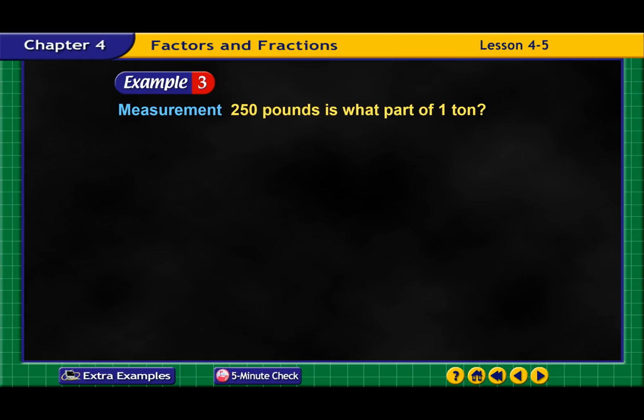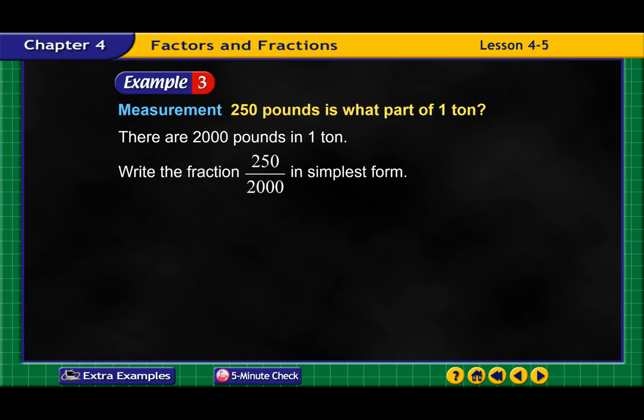All right, 250 pounds is what part of 1 ton? Well, first you need to know what's 1 ton. So there are 2,000 pounds in 1 ton. So if I need to find out what part of something is, that means make it a fraction. So 250 over 2,000. This fraction needs to be in simplest form because it's not right now.